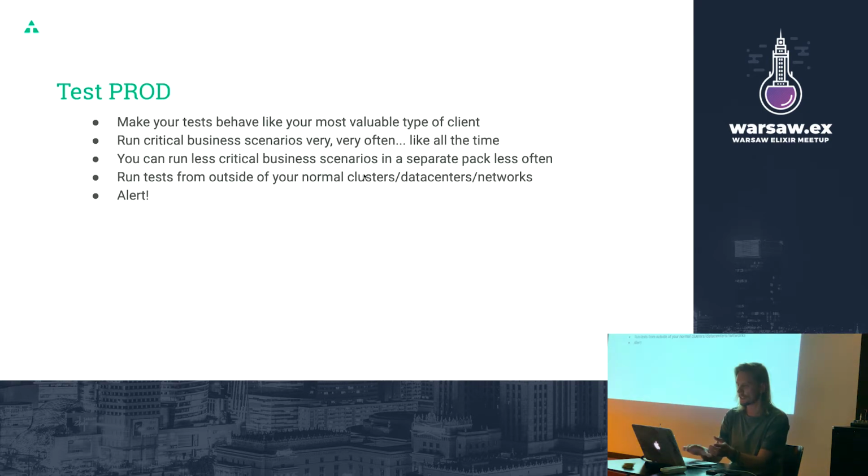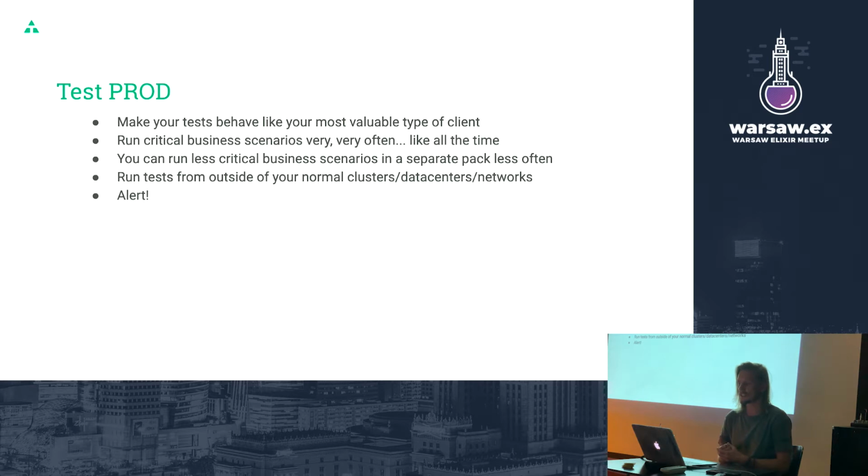So here I'm going to make a first point that, especially if you have a lot of things and you want to deploy often, it really makes sense to test your production code, and you want to make your main test production pack to be as close as possible to your actual most valuable type of client.